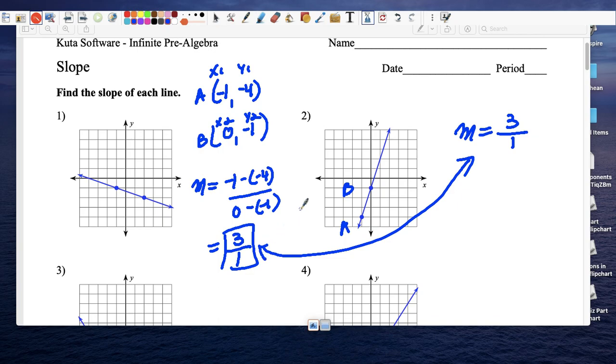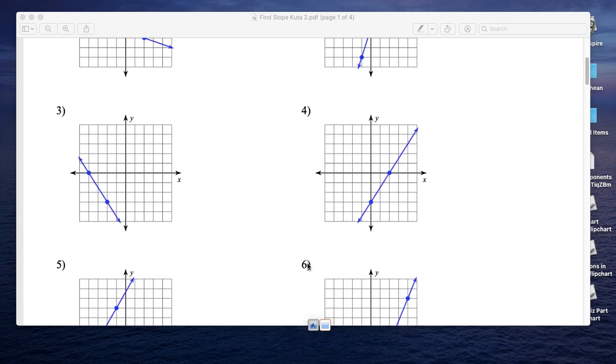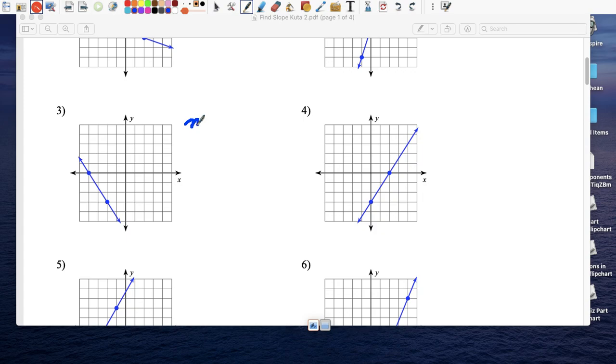So when you have the visual part, you can definitely cut corners here, and you can just measure the change. So let's do 3 and 4. Let's look at the change in y value. It's up and down, so we go 1, 2, 3. So the change in y values is 3.